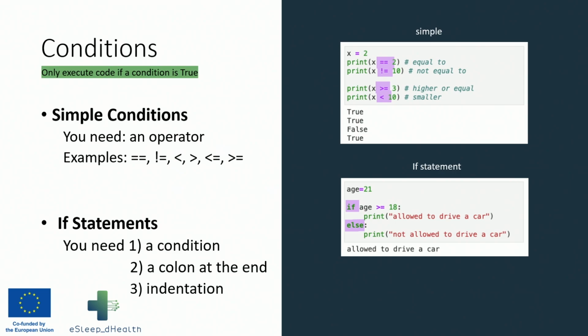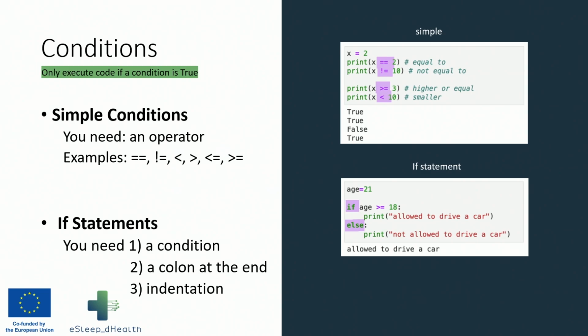But there's another useful tool in if statements, and it's called else. So in the same indentation as the if, so at the beginning of the code block, we can type else and a colon. And that means if this condition is not fulfilled, then please do this instead.